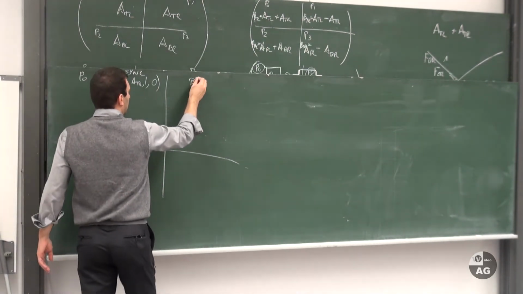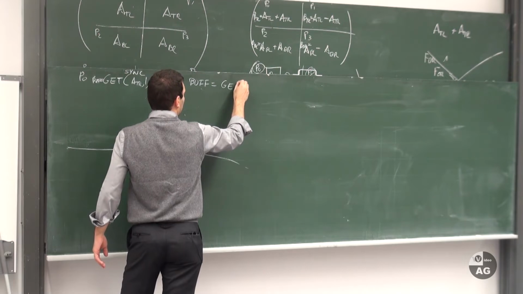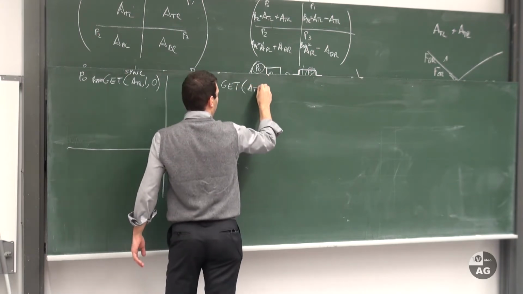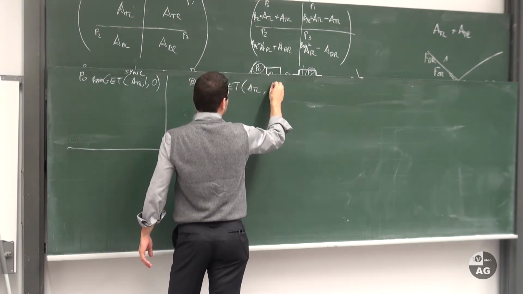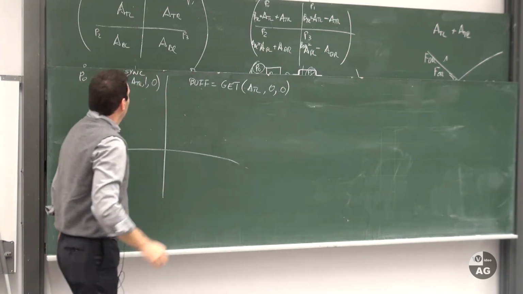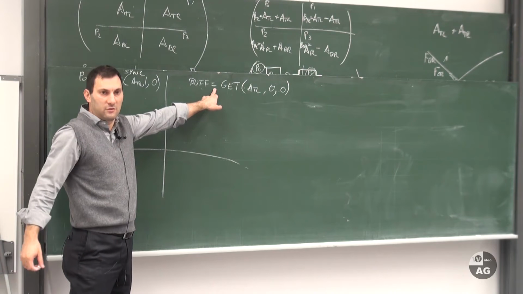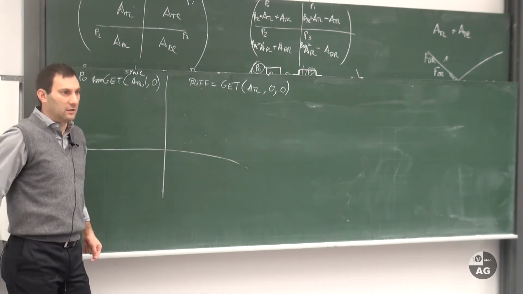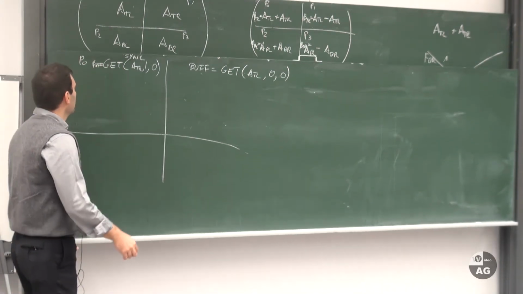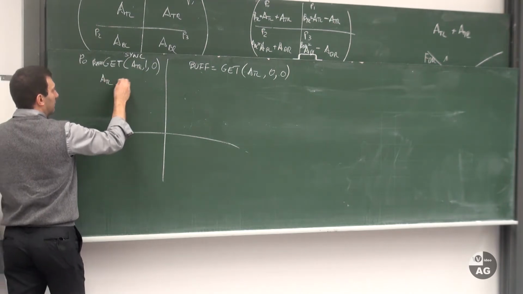Now, we have a buffer, we have a get, processor 0. Okay. Does this create problems? Silence, no problems. Very good. Now we have A top left and buffer.